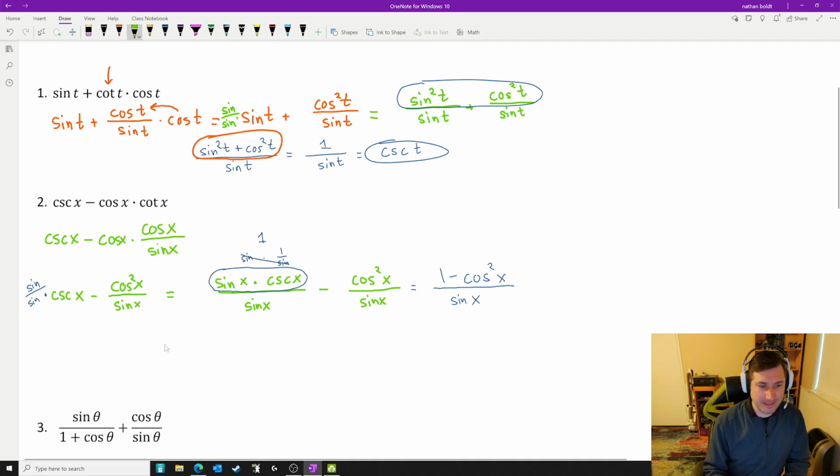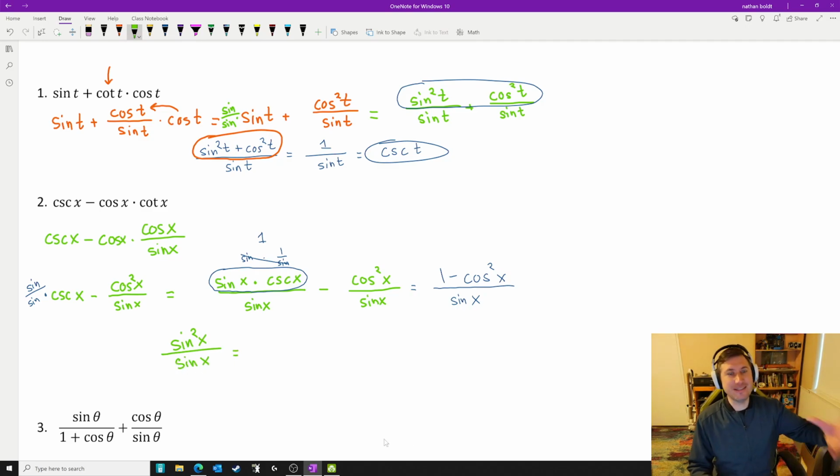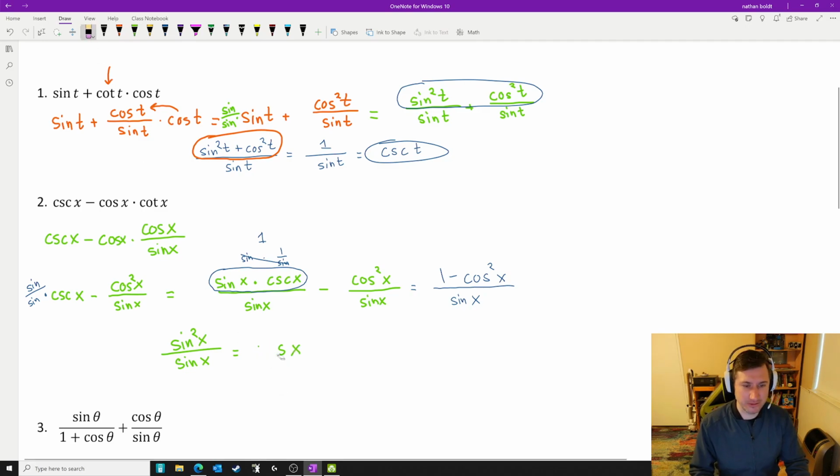So we've got sine squared on the top, and on the denominator, we've just got a regular sine. Sine squared on top cancels on the bottom. We've got sine. There we go. Sorry about that.